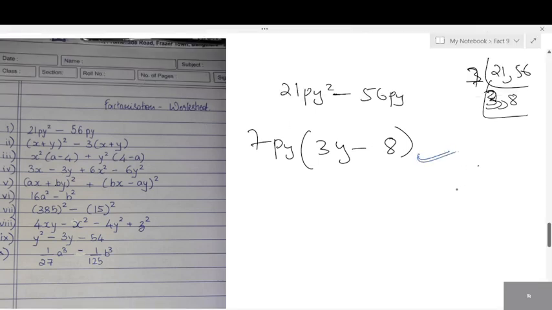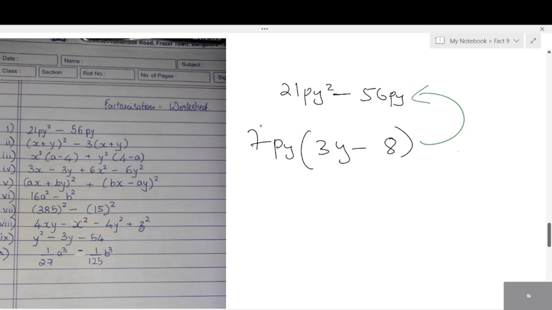Just check. Is it correct? 7py into 3y minus 8. If you haven't done it, no problem. Copy, learn, try it out. There are high chances of getting the same questions in the test and exam. If you have any doubts, just cross check, students.